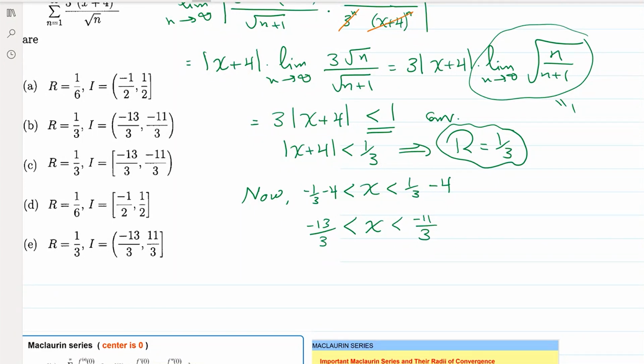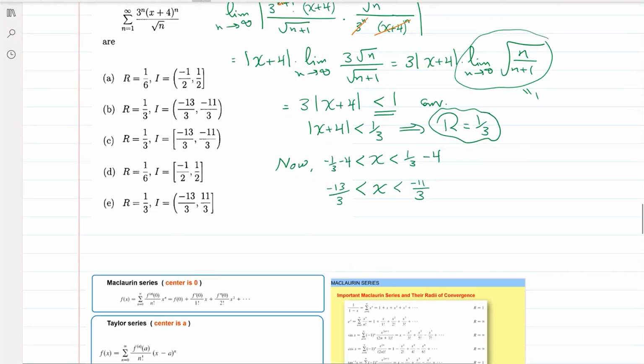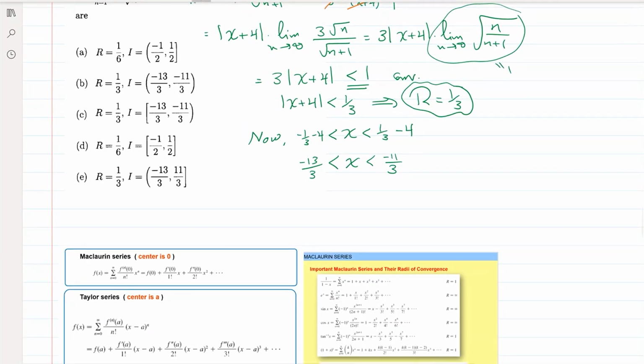So what will the next step be, guys? We substitute the endpoint instead of x. Exactly. Now I need to substitute the endpoints, so I will take x equal to minus 13 over 3.